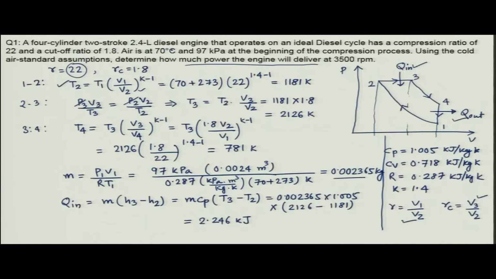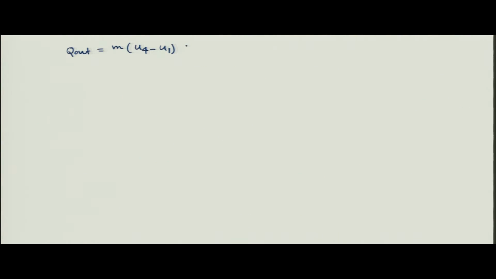Next we can find what is the Q out. So, heat is rejected at constant volume condition. So, we are going to write m times U4 minus U1, that is the heat rejection process 4 to 1, which I can write as m times CV times T4 minus T1.